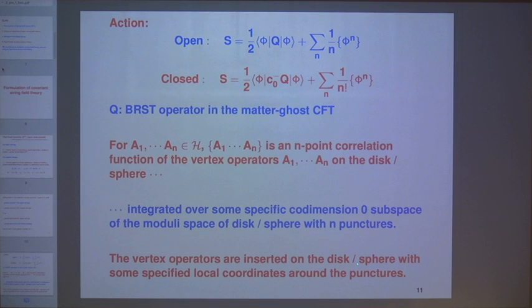They have to be inserted on the disk or the sphere with some specified local coordinates around the punctures. Because if you change the local coordinate system, typically these correlation functions will change. And this choice of what codimension 0 subspace you integrate this over and what local coordinate system you choose to define the correlation function, these are correlated. Okay? These are not completely independent objects.